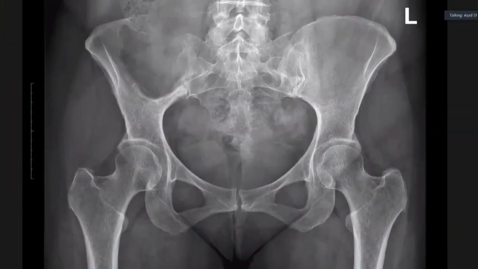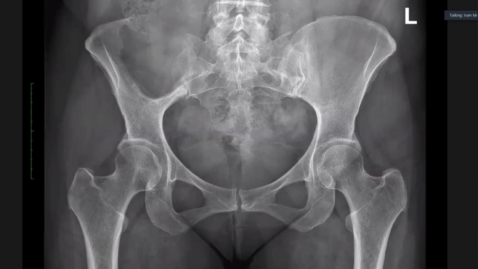A young lady who is 31 years old, and she has got lower back pain. I've been presented with an X-ray pelvis AP projection of a young female patient presenting with back pain. There is a well-defined large lucent lesion centered around the right posterior ilium with a narrow zone of transition with the parent bone.